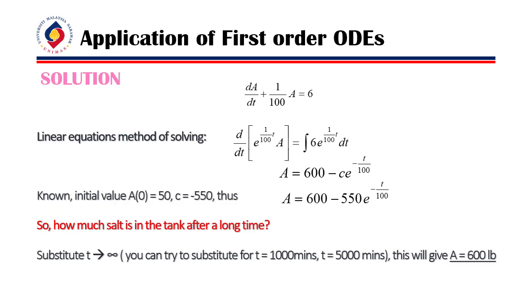We solve by differentiating: d over dt of e to the 1 over 100 t times A, equal to the integral of 6 times e to the 1 over 100 t dt, based on the formula from the linear equation steps previously. On the left you get the entire derivative, and on the right you integrate 6 e to the 1 over 100 t.